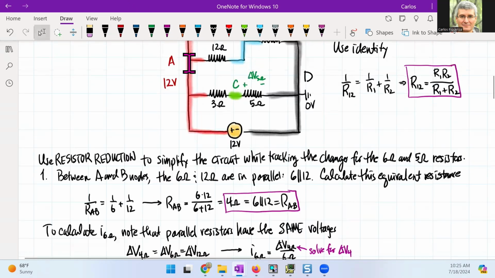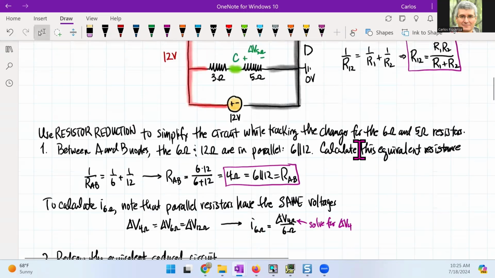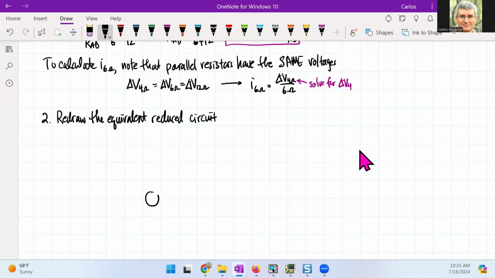So this is my circuit here. The way I'm going to redraw this is that I'm going to draw this as one resistor. So I'm going to come over here and say here's my source. Then if I look at my resistor here, I'm going to say this is this resistor.